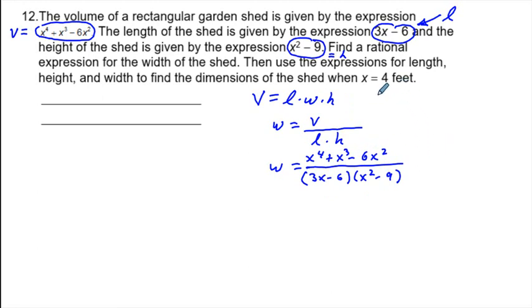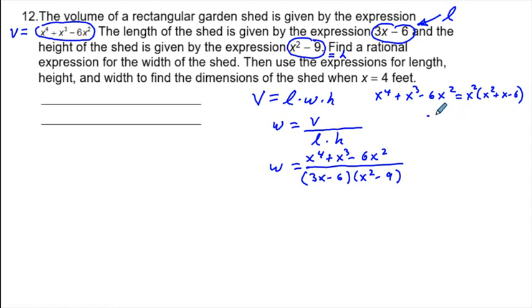So first of all, we have x to the 4th power plus x cubed minus 6x squared. Factoring, that's going to be equal to x squared as our common factor times quantity x squared plus x minus 6.